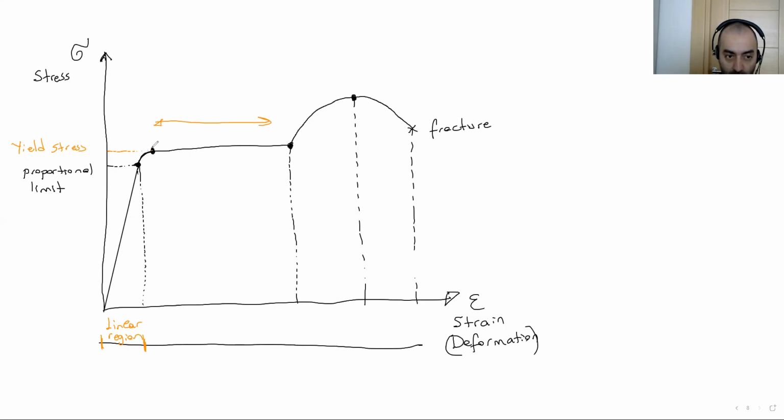Okay, the stress doesn't increase, but the deformation increases from this point to this point. We call this area yielding plateau. By the way, let me write this part, perfect plasticity. Or yielding.